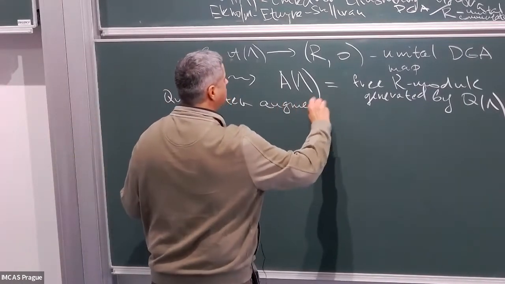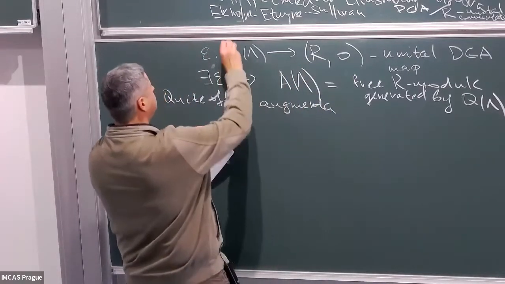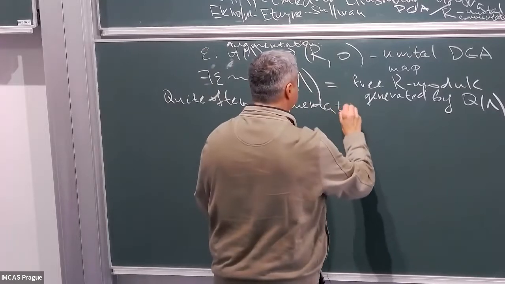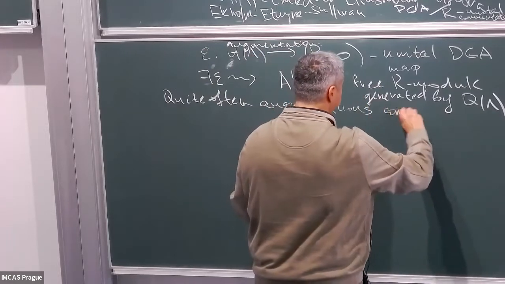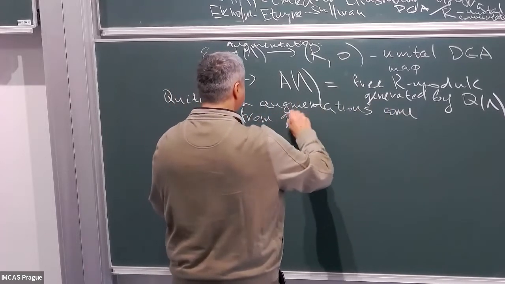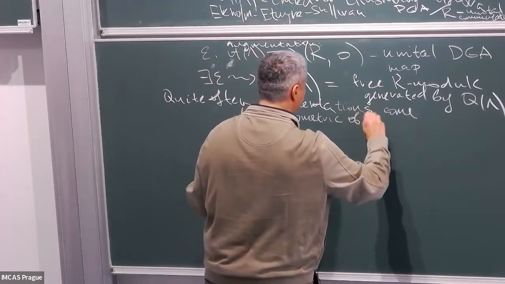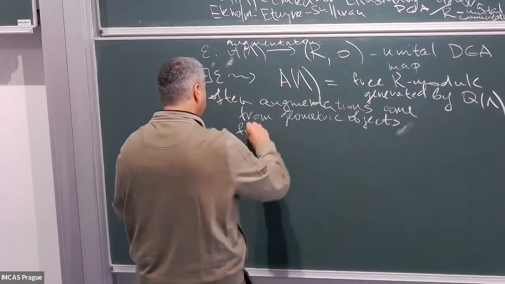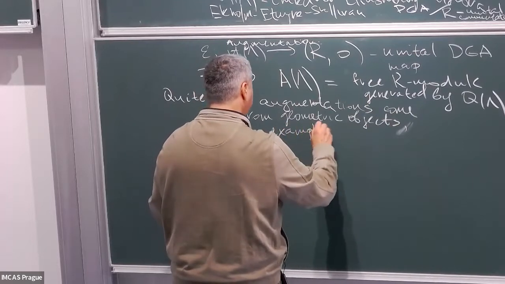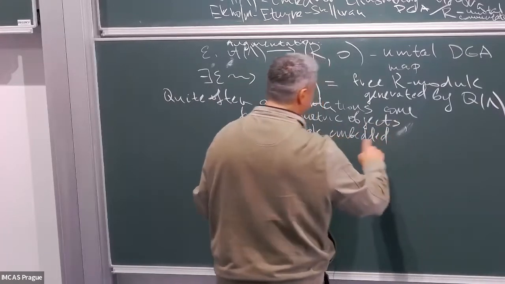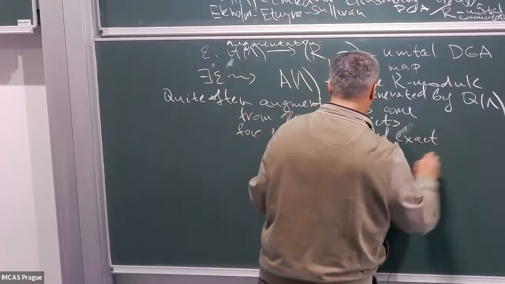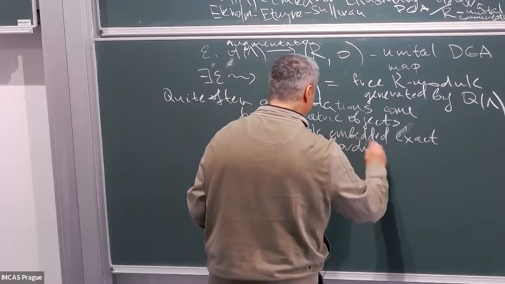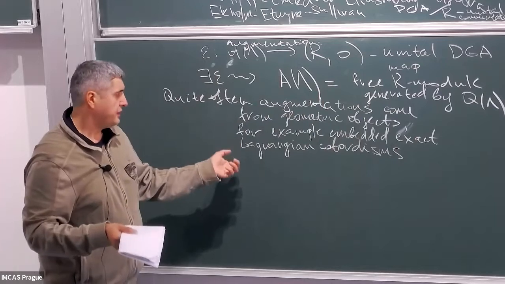Quite often augmentations come from geometric objects, for example embedded exact Lagrangian cobordisms.